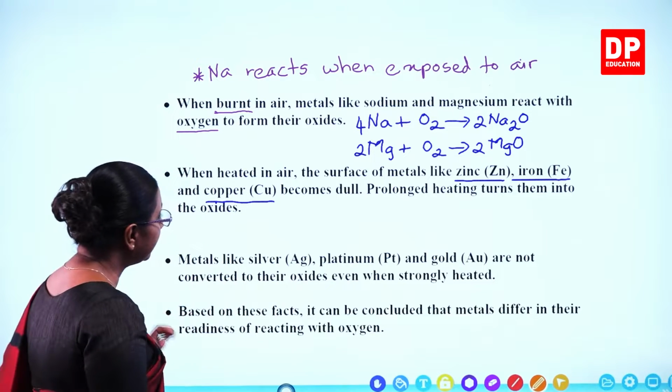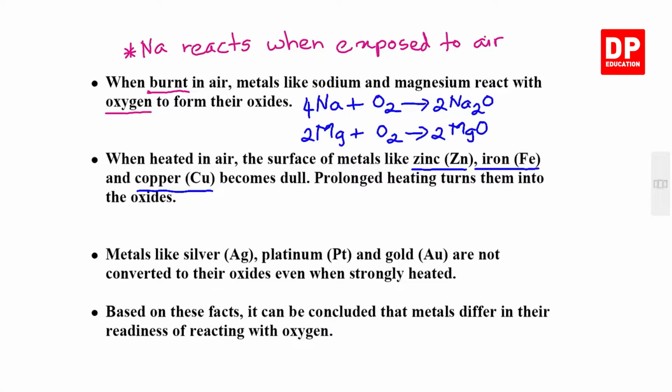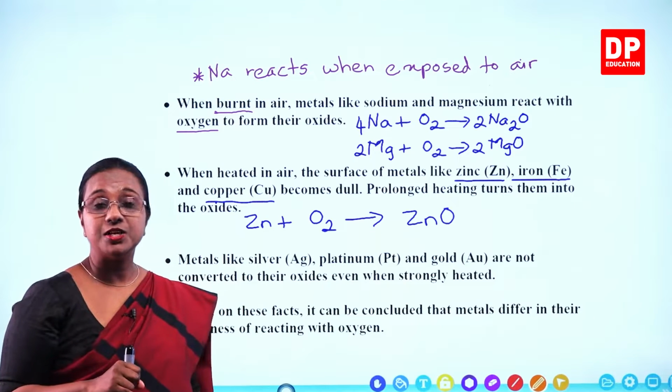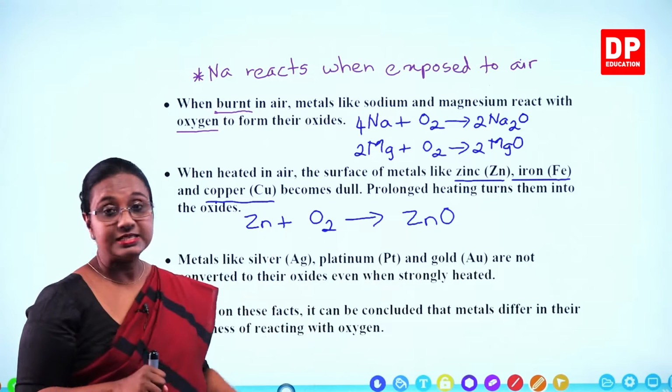As an example, I will write the reaction of zinc with oxygen. Zinc, the metal, reacts with oxygen in air, forming zinc oxide. You all know the valency of zinc is also 2, so ZnO. We need to balance this as well.